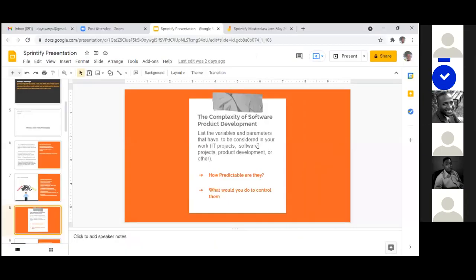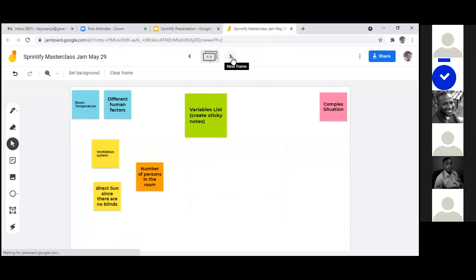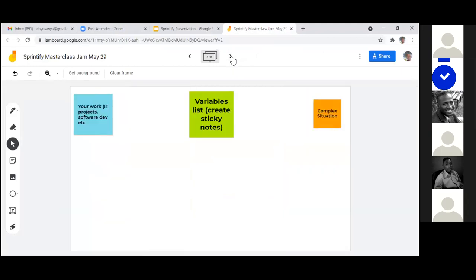So let's also list some various factors that can also affect software development. So can we list some factors also? Because it's also a complex situation.